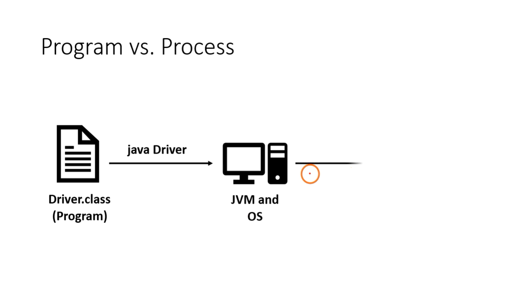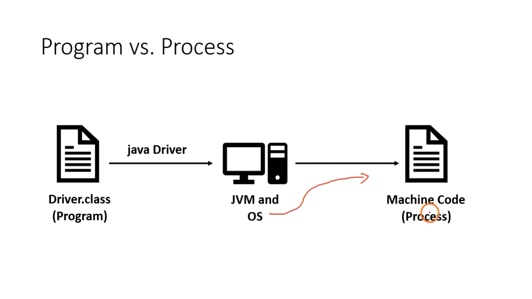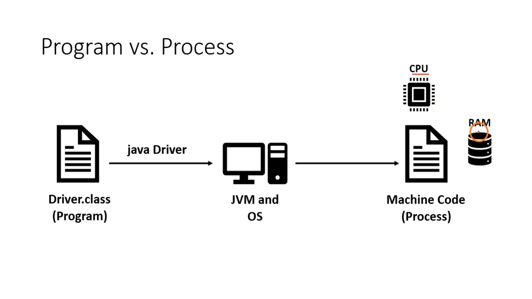Now this OS is going to execute this machine code, zeros and ones. The OS will also allocate CPU, central processing unit, and also some RAM, main memory.